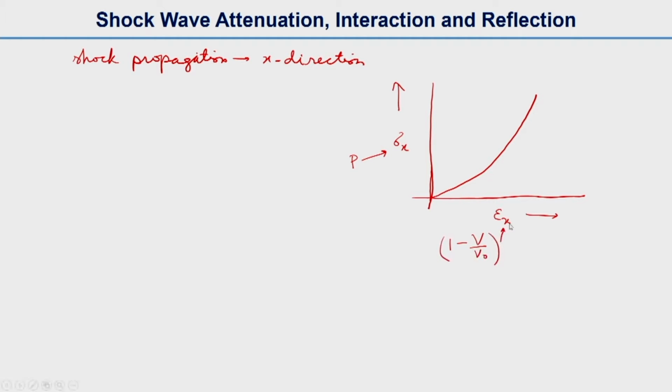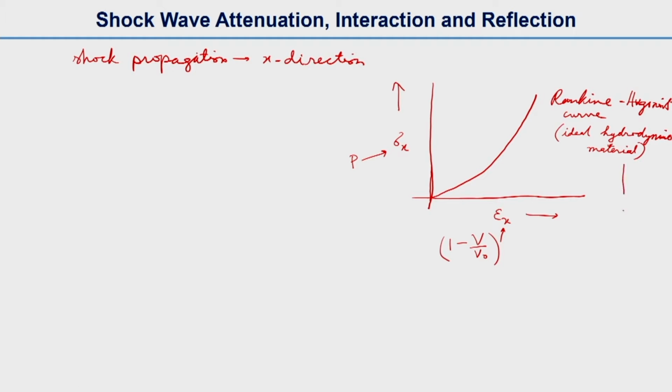So this is basically the Rankine-Hugoniot curve for an ideal hydrodynamic material. Okay.